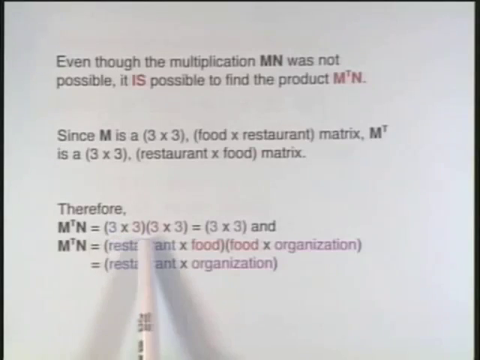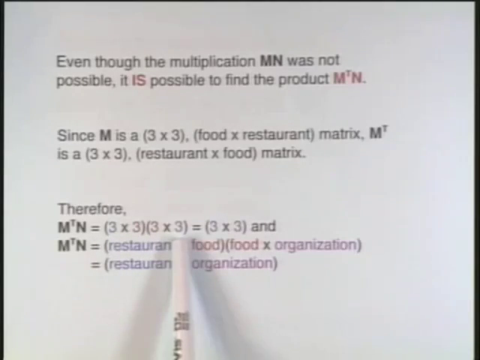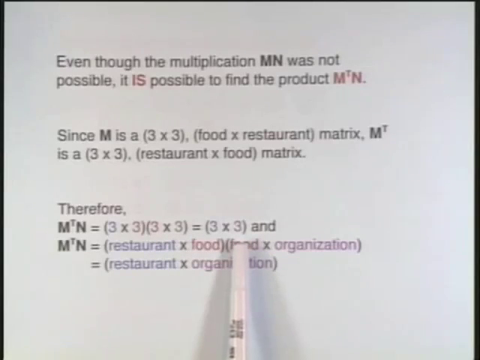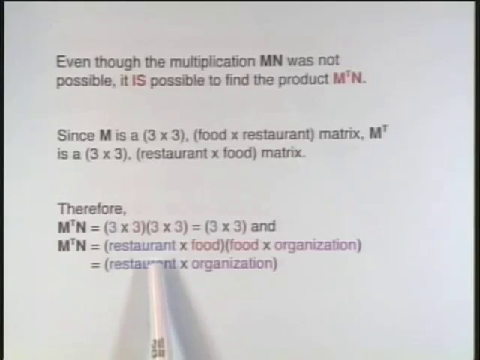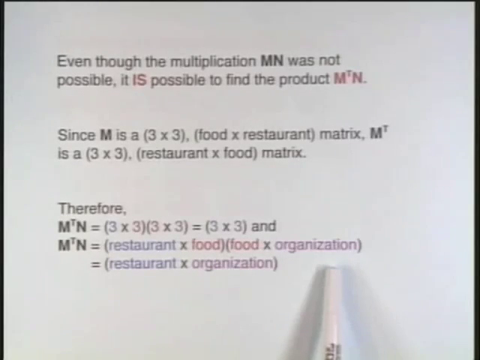Therefore, 3 by 3 times 3 by 3 for M transpose times N equals 3 by 3, and M transpose times N is a restaurant by food times food by organization, which would equal a restaurant by organization matrix.